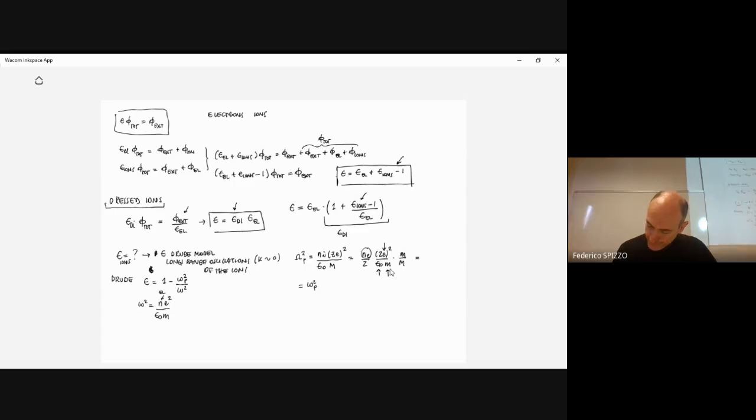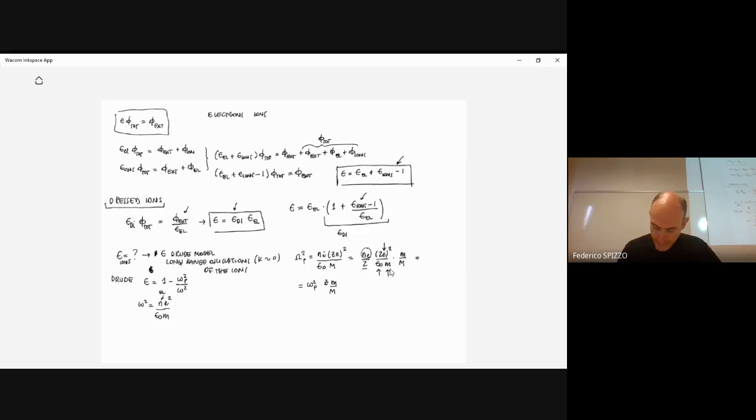Then we have one Z here, because one of the other Z is simplified with the Z that we have in the denominator here for the positive charge of the nucleus. And then we have the ratio between the electron mass and the ion mass.